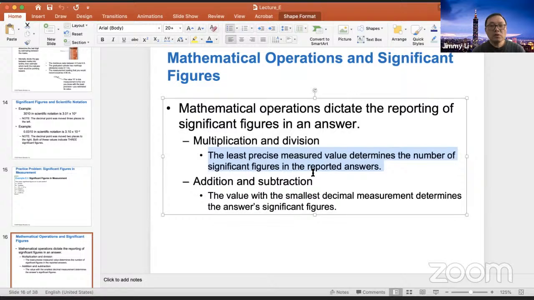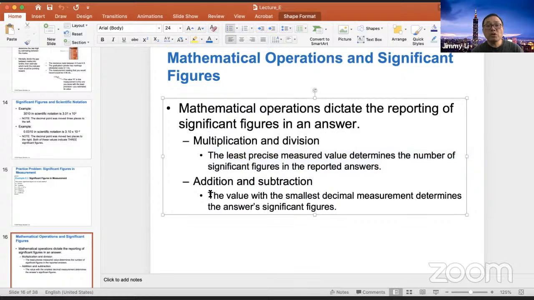What does that mean, the least precise measured value? That means the one that has the smallest number of significant figures. So when you do your multiplication and division, your final answer should match the term with the smallest number of significant figures. That's what they are talking about here.